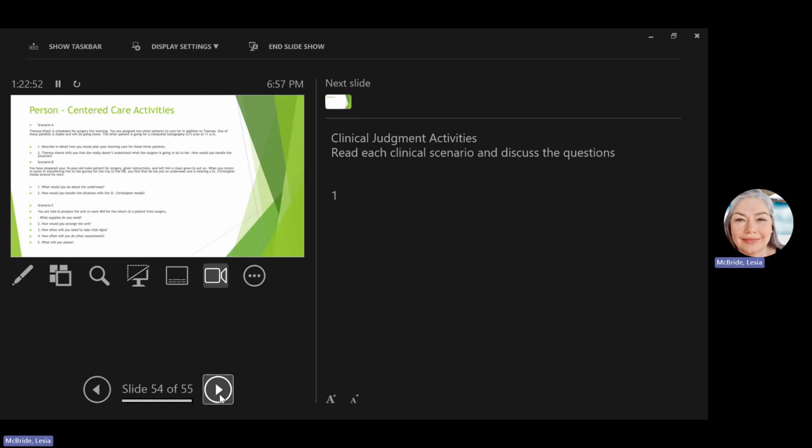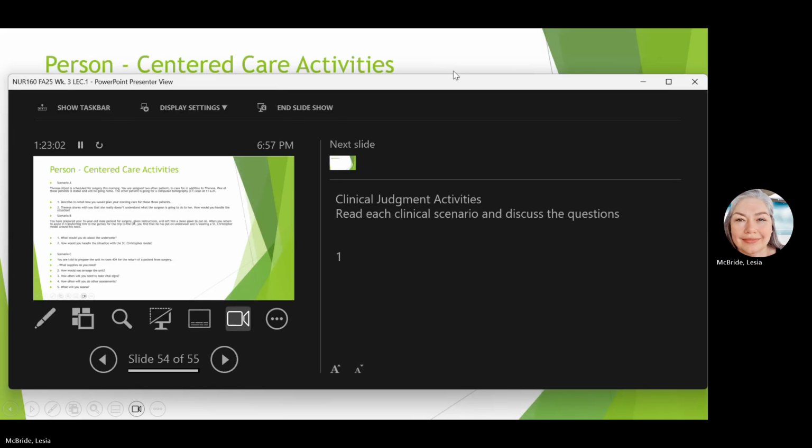Okay, the next one. Oh, this one is very, very small. It's very hard to see. Let me see if I can give you a better view of this one.